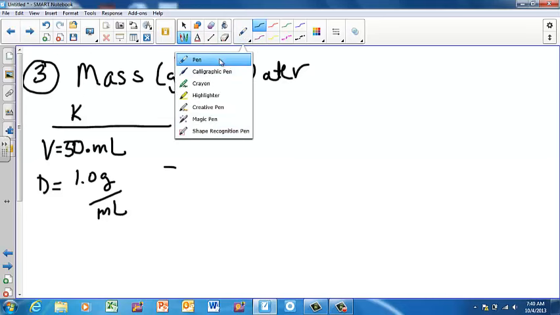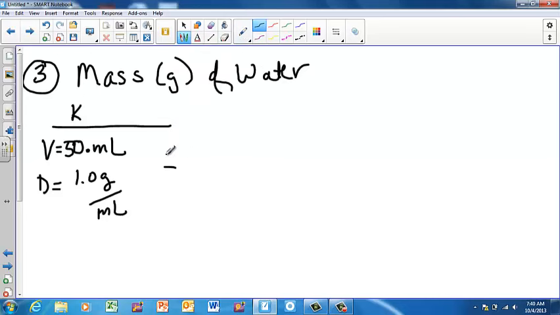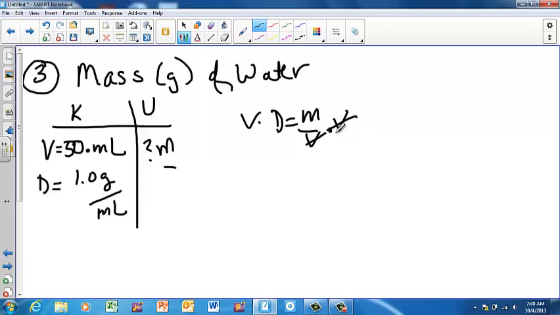What I'm looking for is the mass. So if I come back to my density equation, density equals mass over volume.